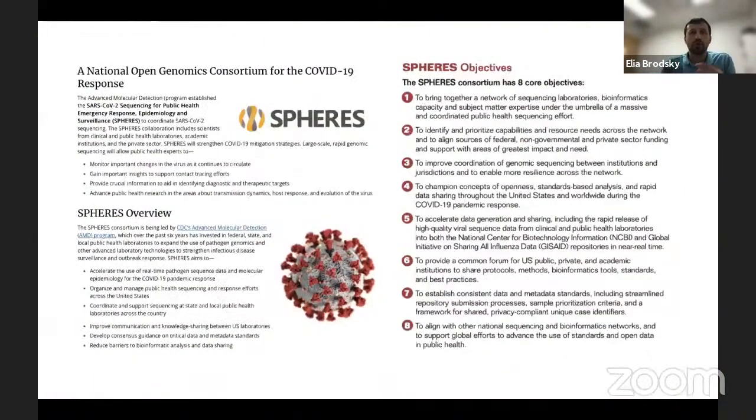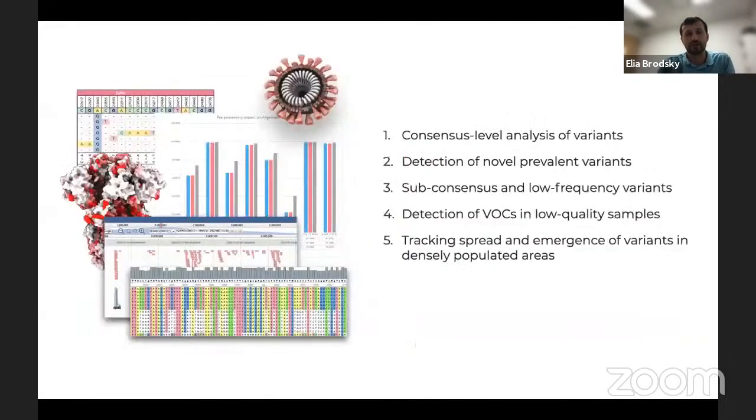We will introduce you to some of the important efforts that are being done throughout the US as well as worldwide, where there are specific objectives to leverage genomic surveillance for informed decisions that could be made by US public and academic institutions to really address this challenge of novel variants.